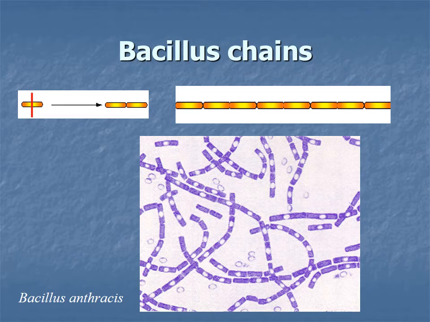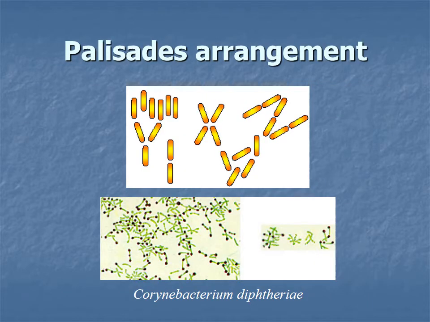If bacilli or rod-shaped bacteria are situated in a chain arrangement, we can name them Streptobacilli. An example of Streptobacilli is Bacillus anthracis. Palisades arrangement: you can see this arrangement, and an example is Corynebacterium diphtheriae.